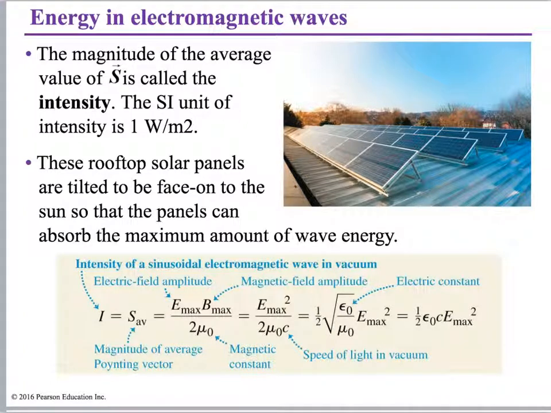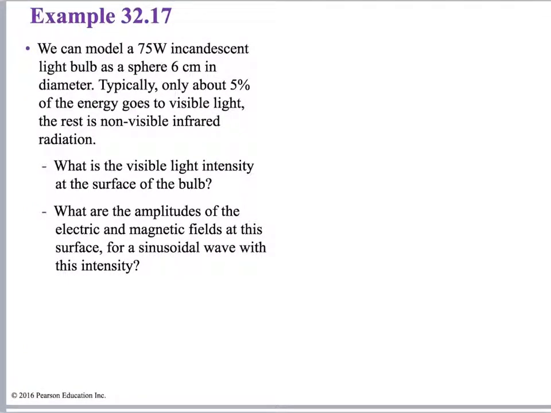And so here we have that. So let's look at an example. We have a 75-watt incandescent light bulb that is a sphere 6 centimeters in diameter, but only 5% of that energy goes to visible light. Remember, the 75 watts is the power, and the intensity is the power over the area.